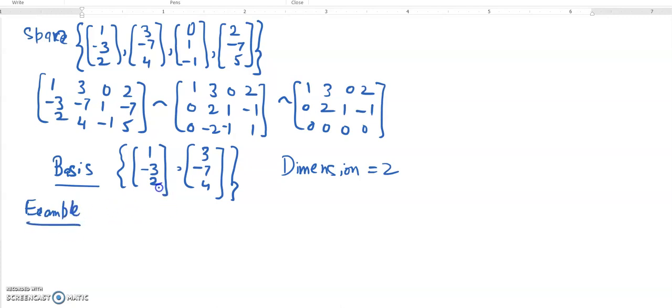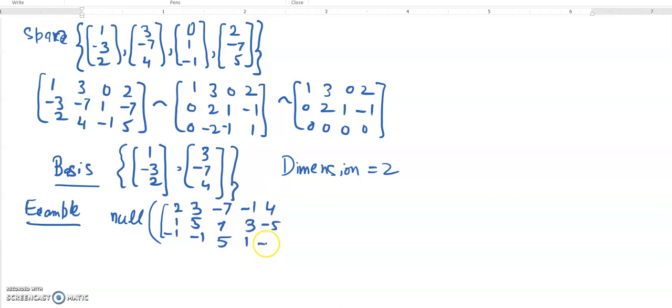In this case, instead of a span, we are given the null space of a matrix, which is like this: rows 2 1 -1, 3 5 -1, -7 7 5, -1 3 1, and 4 -5 -3.